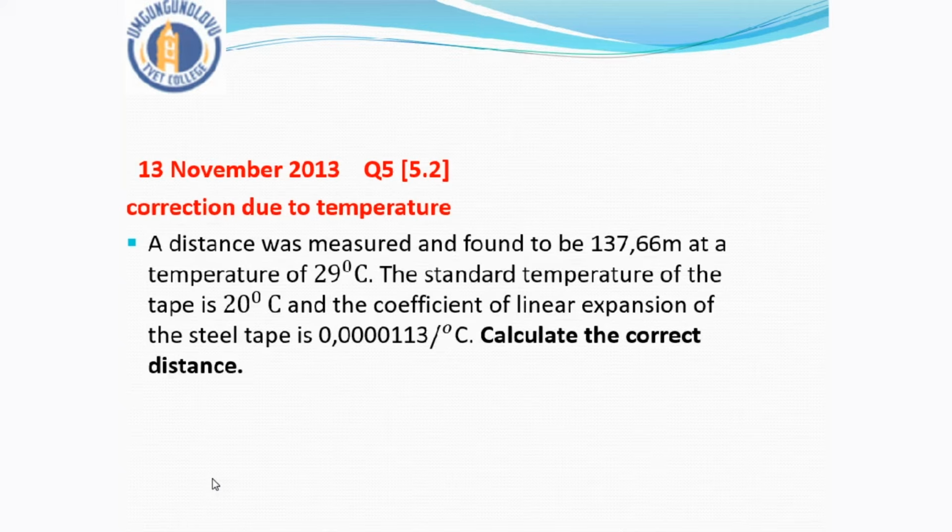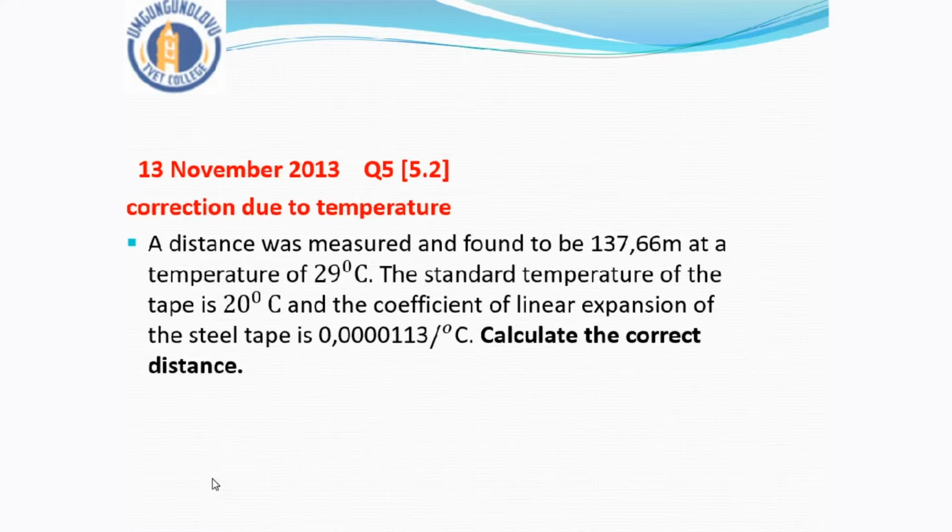The standard temperature of the tape is 20 degrees Celsius, and the coefficient of linear expansion of the steel tape is 0.0000113 per degree Celsius. Calculate the correct distance. As you can see here, we are given the measured temperature, which is 29 degrees Celsius, as well as the standard temperature, which is 20 degrees Celsius.